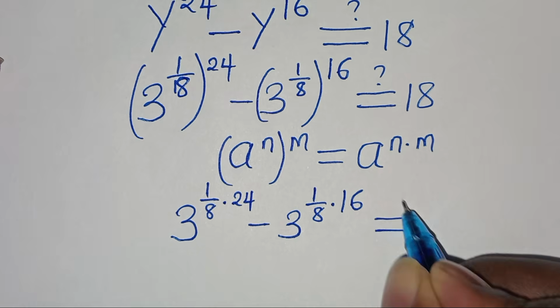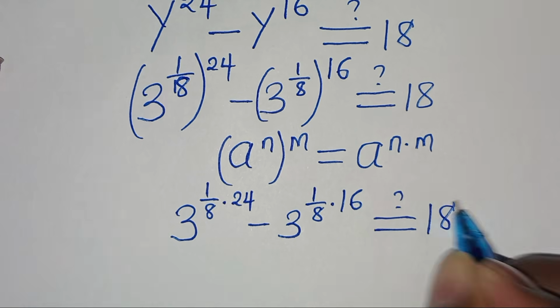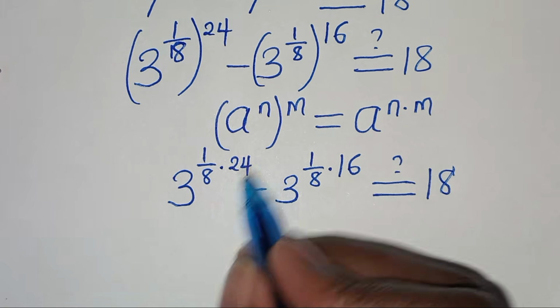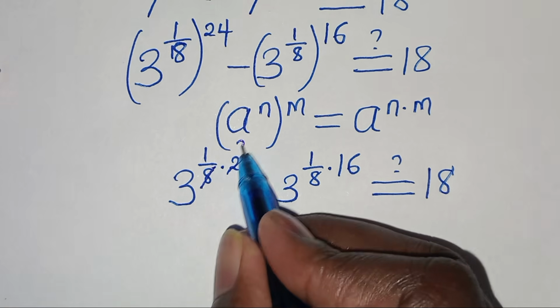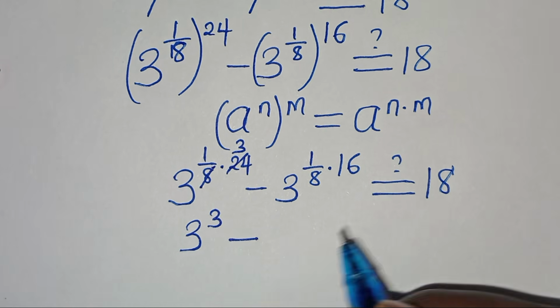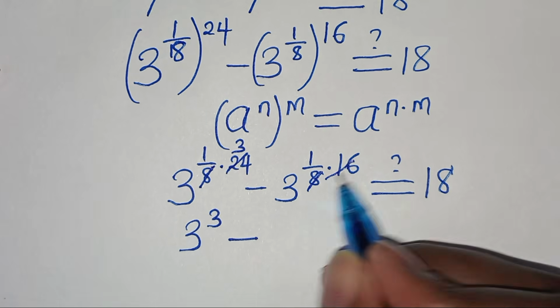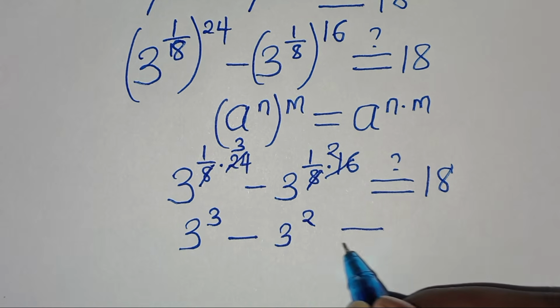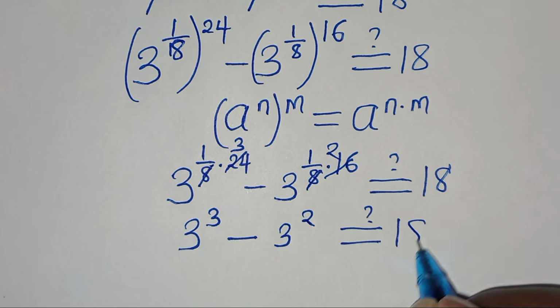This should give us a value of 18. So let's simplify here. 24 divided by 8 is 3, so we have 3 to the power of 3 minus, now 16 divided by 8 is 2, so 3 to the power of 2. This should give us a value of 18.